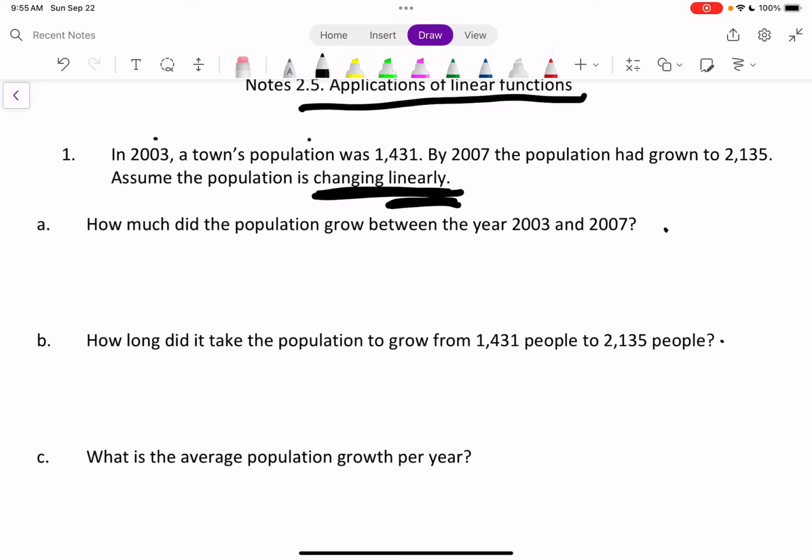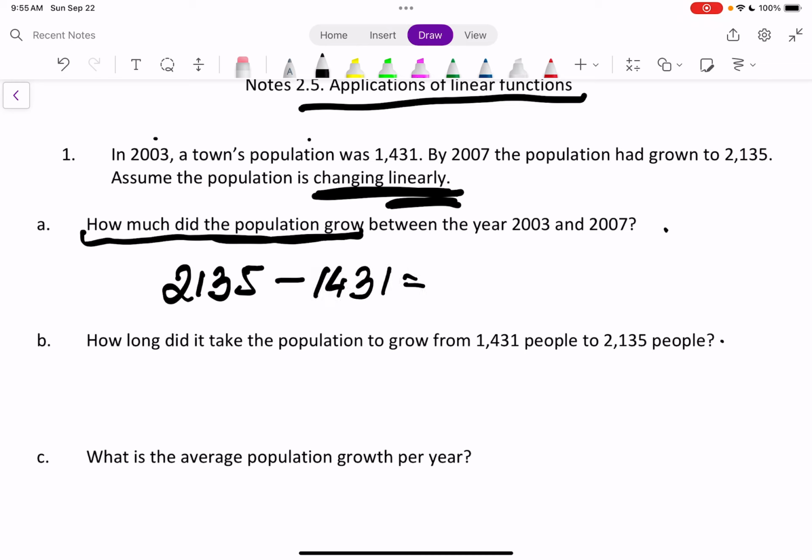Okay. So how much did the population grow between the year 2003 and 2007? So we want to know the growth in population, which was 2,135 at the end, minus 1,431.